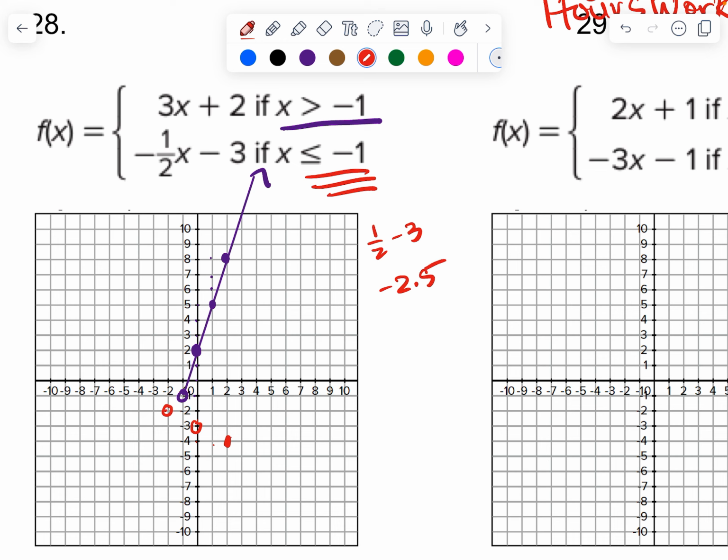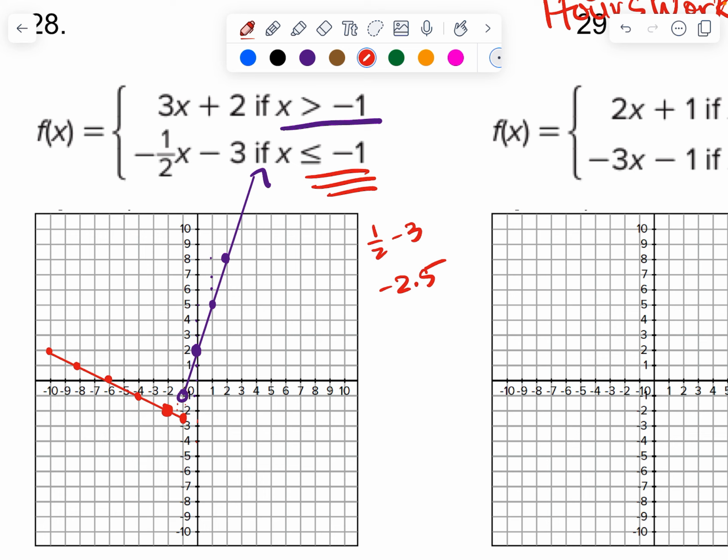So at -1, we're at -2.5. So this is going to be a closed dot here. These dots can't exist, or it's not even a function anymore. And then we're going to go up 1 over 2, up 1 over 2, just so that I can get a prettier picture out of this.